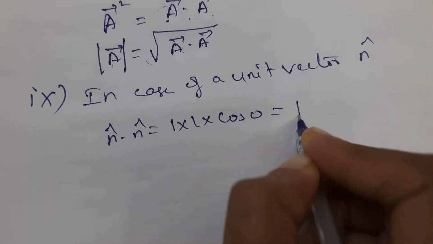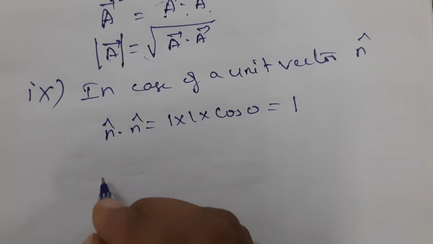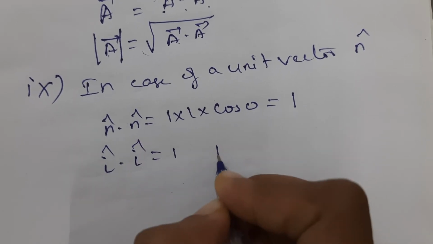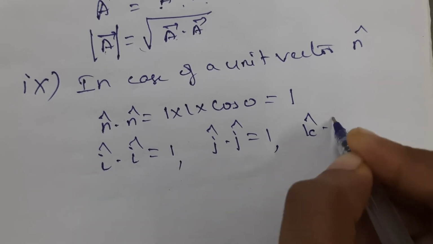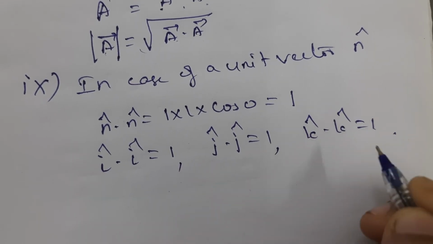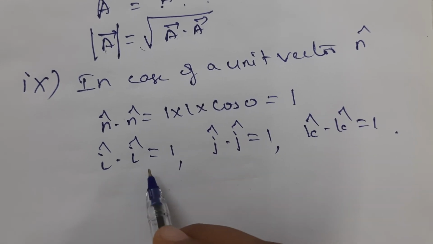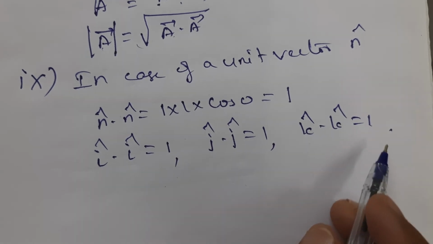That is nothing but 1. Actually, we can write I dot I is equal to 1. J dot J is equal to 1. K dot K is equal to 1. So in case of unit vector, I dot I equal to 1, j dot j is equal to 1, k dot k equal to 1.